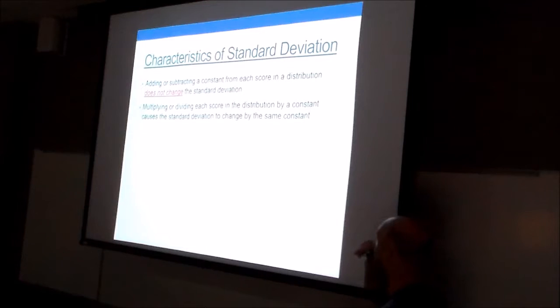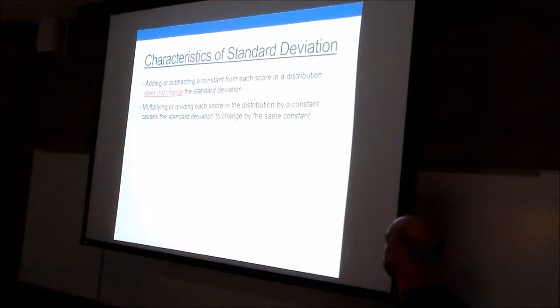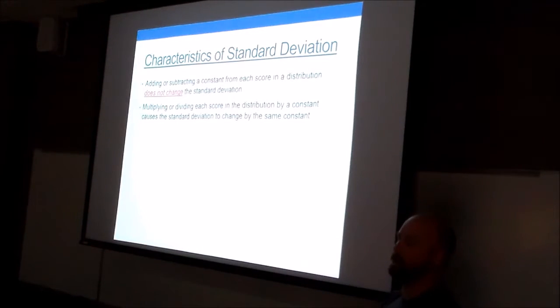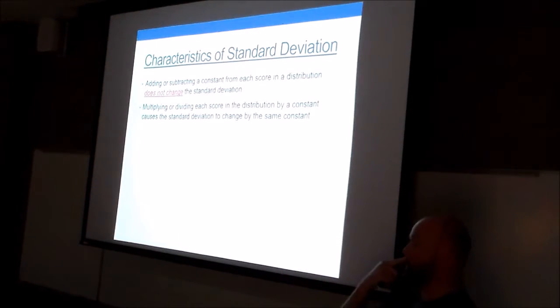All right. Okay, characteristics of the standard deviation. Adding or subtracting a constant from every score in a distribution doesn't change the standard deviation, right? If I have a sample of 100 people and my mean is 50, and I add a value of 10 to every score in the distribution, Rajiv, what's my new mean?